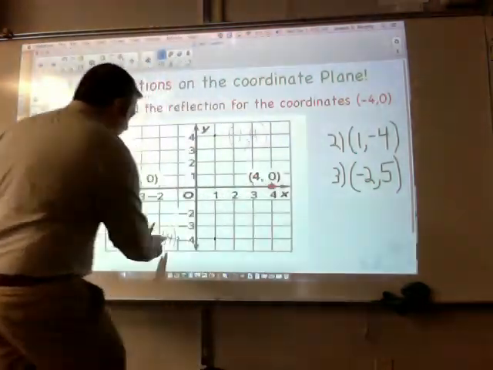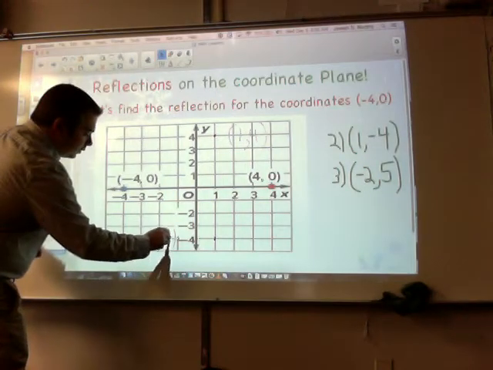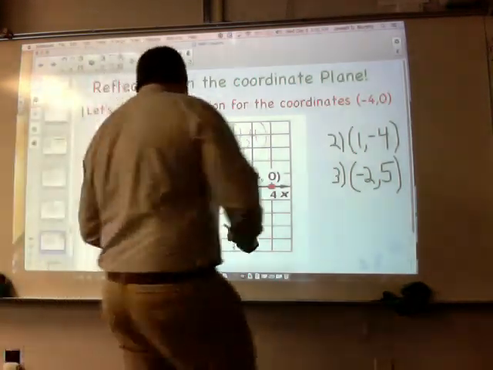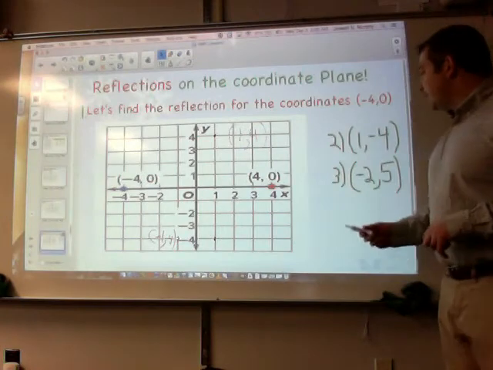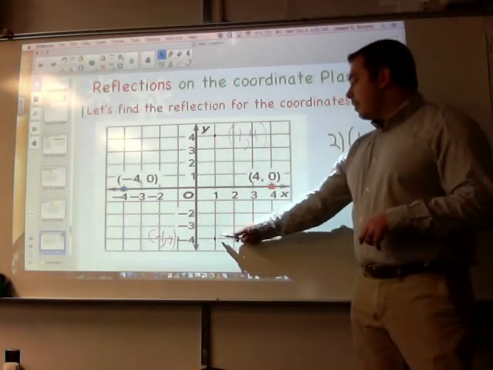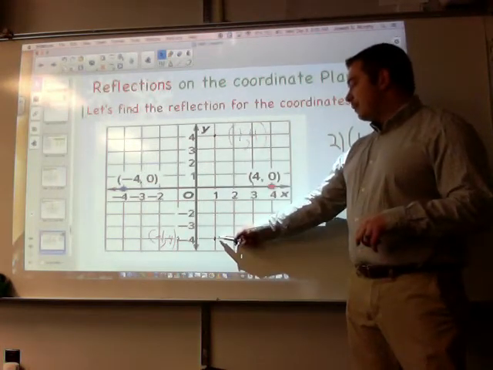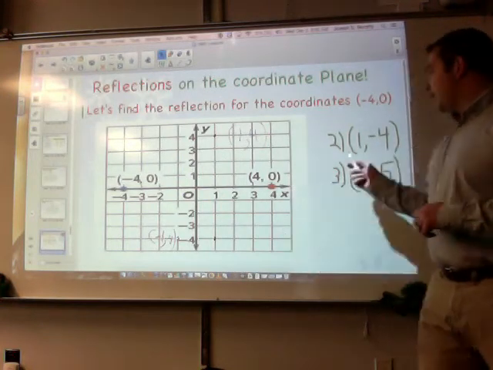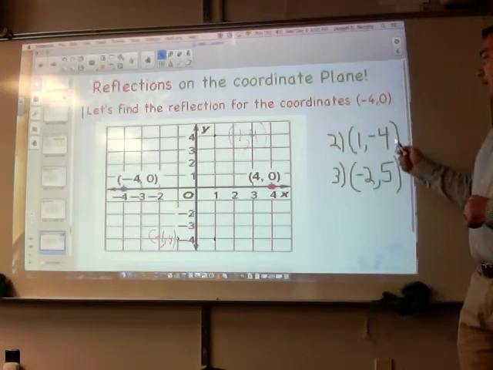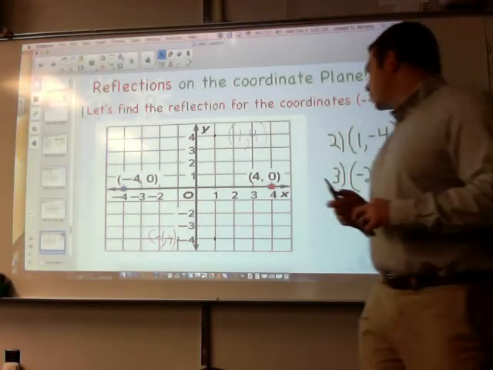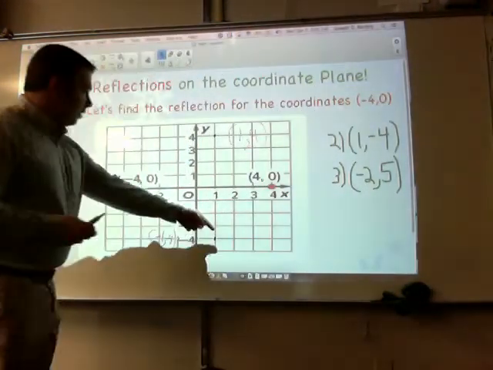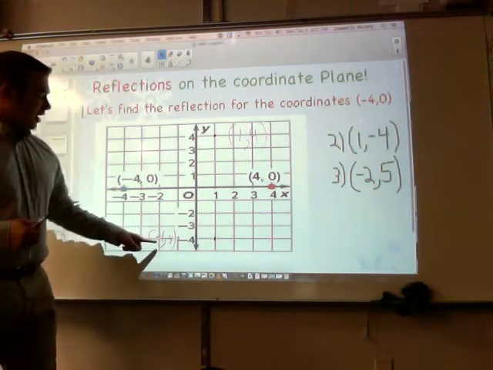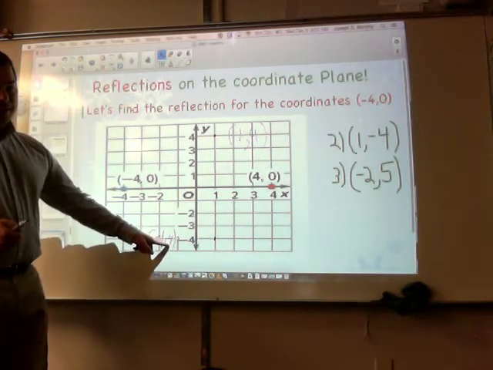Sorry, -4, because I'm in quadrant 3. Both are going to be negative. Okay, so notice how there's my original coordinate right there. When I reflected across the x, I changed just my y. When I reflect across the y, I change my x, and my y stays the same.